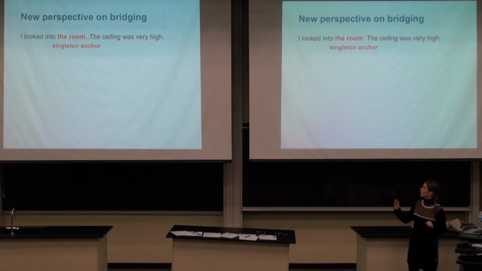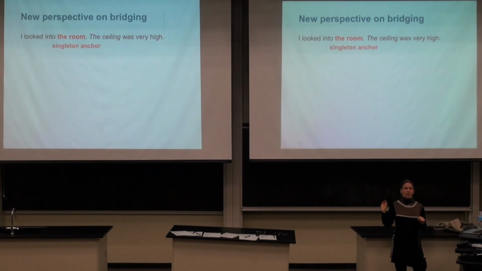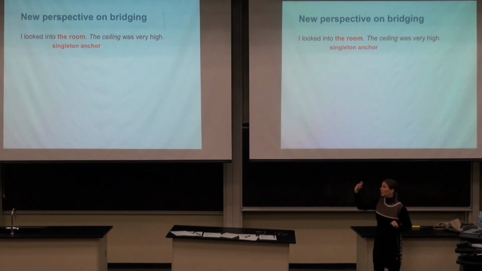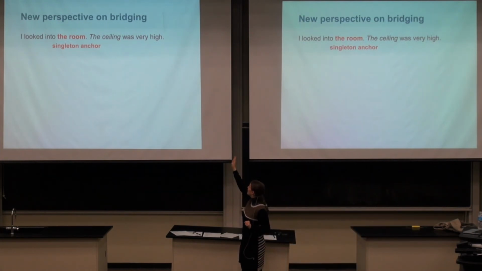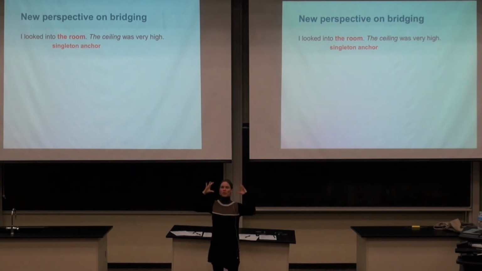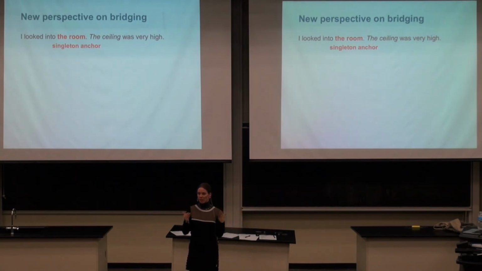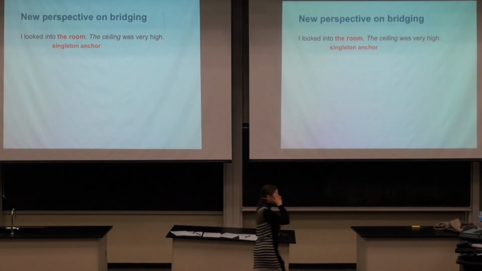We are going to call it a singleton anchor, and stop me if this doesn't make sense, because the way it is annotated in OntoNotes, in this little discourse the room is a singleton. From a coreference perspective, it's not mentioned again. So we're going to call this a singleton anchor.